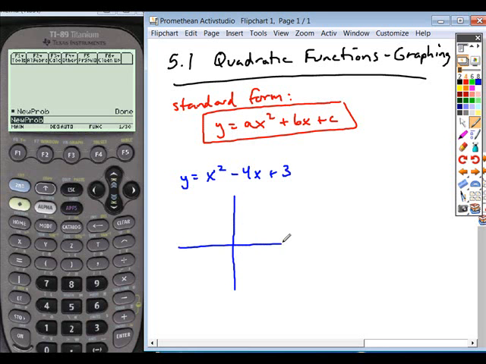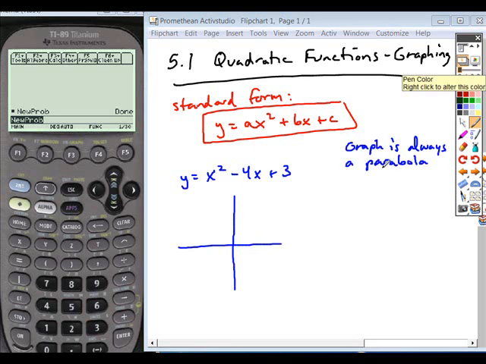Okay, when you sketch the graph of this, the graph is always a parabola. Okay, what does it mean? You guys have heard that term. A parabola is what shape? U. Okay, and so the graph is always going to be U-shaped. It's either going to open up or it's going to open straight down. And that's always the case.